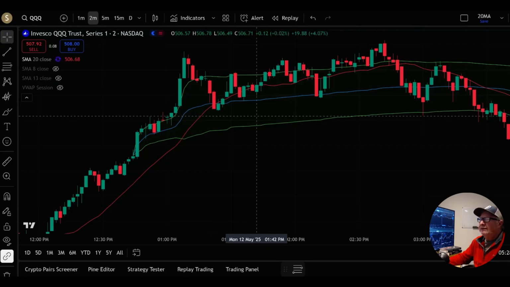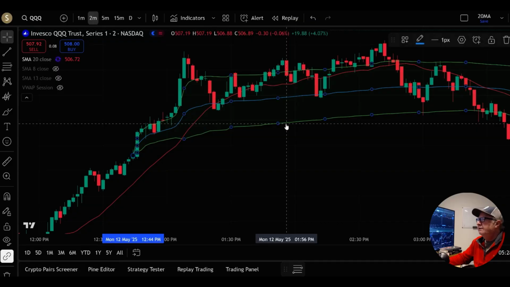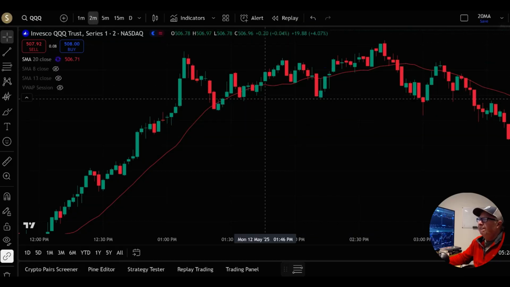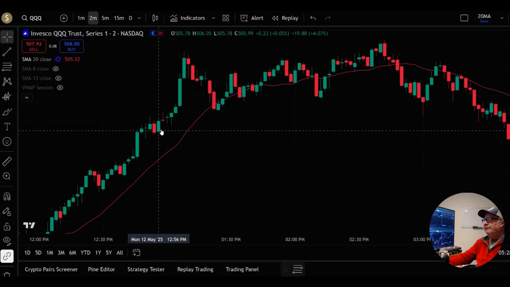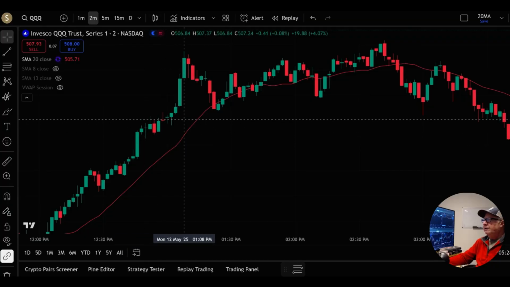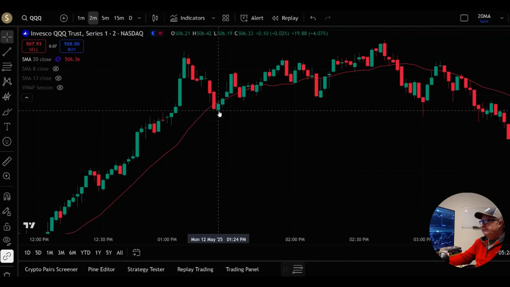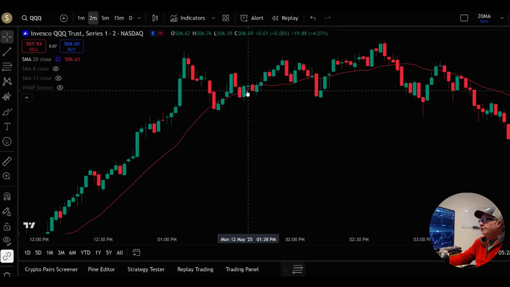So without this, we had the 20. I'm going to take off anchored VWAP for just a minute. Without this, we had the 20, but we really didn't have a clear support level. So we could have used the 20 as support. It actually worked okay.